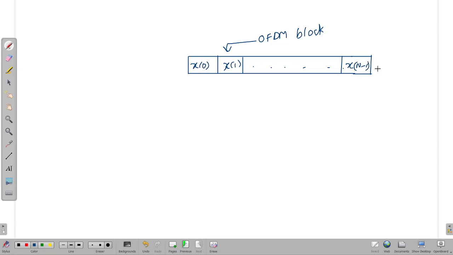When you transmit this signal, it undergoes a linear convolution with the channel impulse response. We have seen that also.